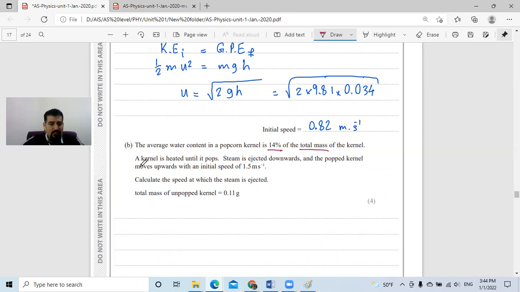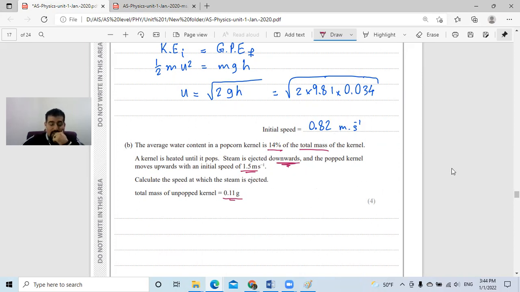As it is heated up and pops, the steam is ejected downwards, and the popcorn moves upwards with an initial speed of 1.5 meters per second, not 0.82, 1.5. Calculate the speed of the steam as it is ejected. The total mass of it is this amount. Now, how can we answer this question?